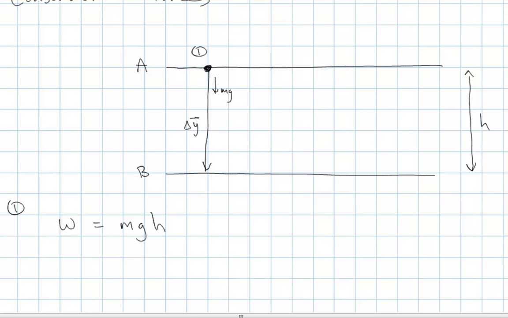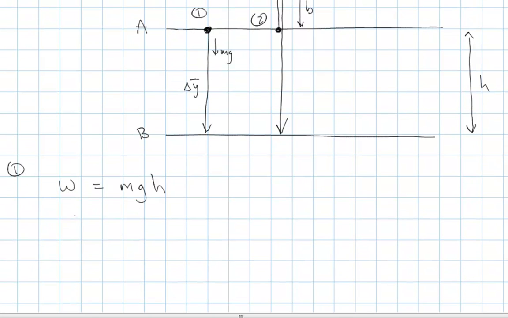Now let's take a different path. Let's go up and then down. And we can call this B. So for path 2, the work done by gravity, the ball is going up first.